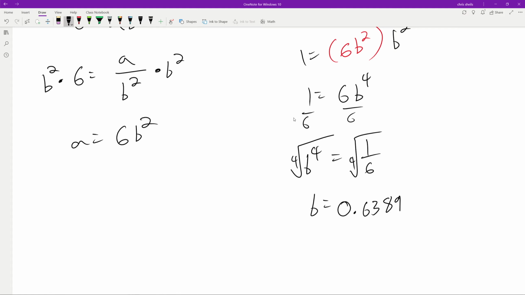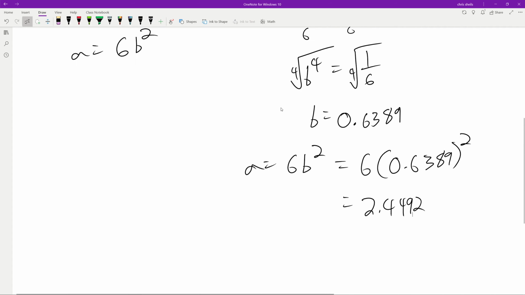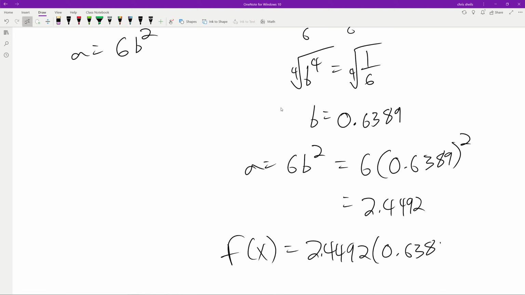And remember that a is 6b squared, so this is 6 times 0.6389 squared, which means that a is about 2.4492. If I plug a and b into my equation, f of x is 2.4492 times 0.6389 to the x power.